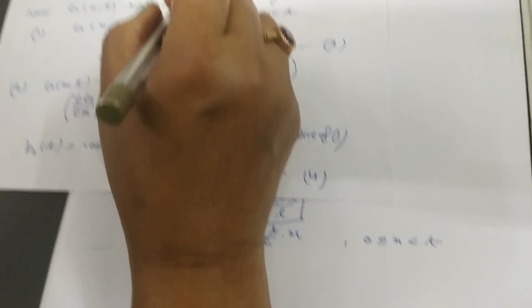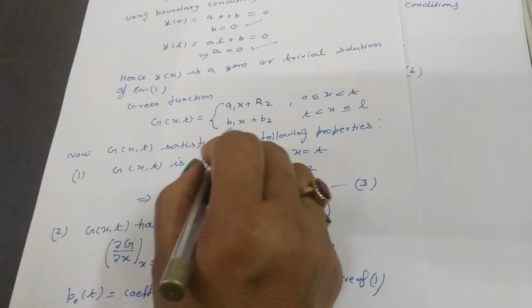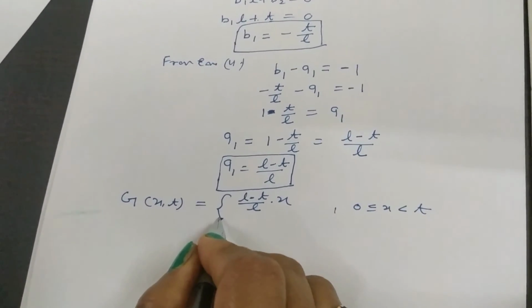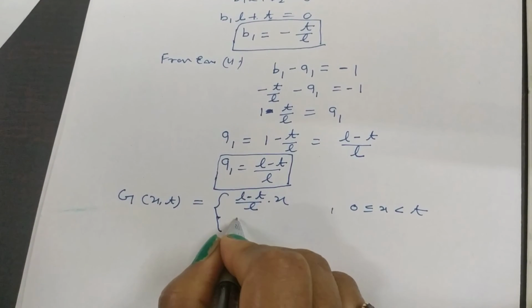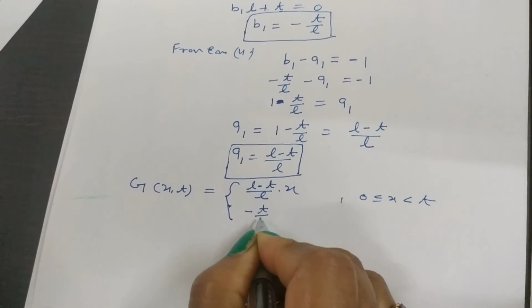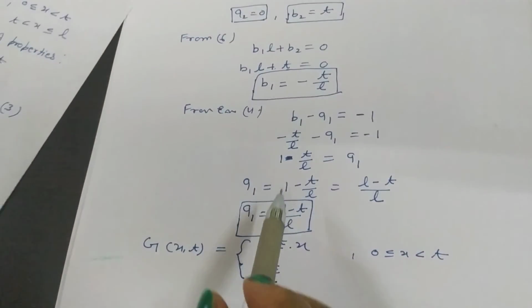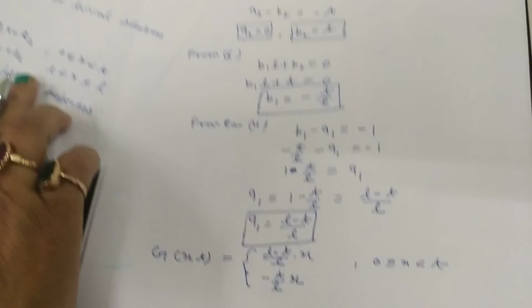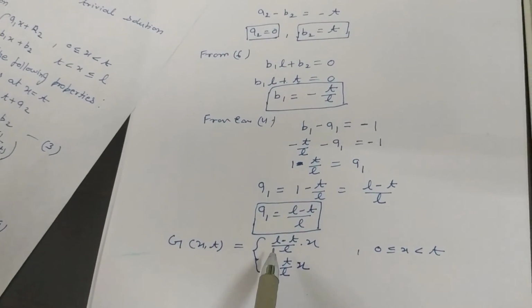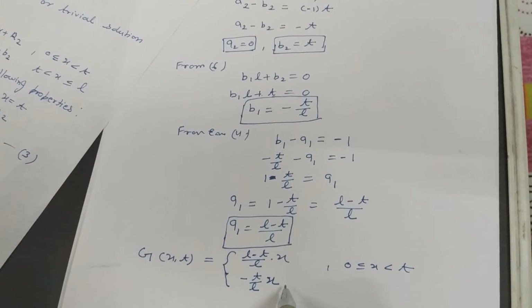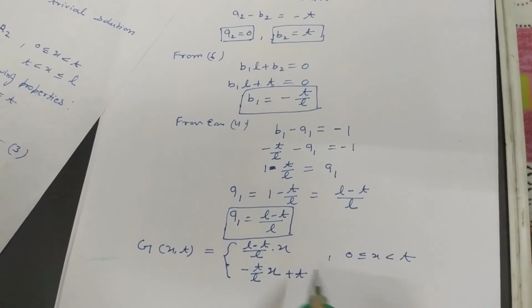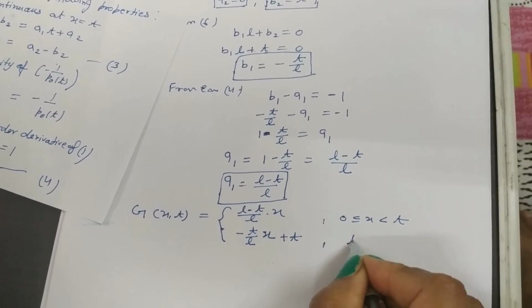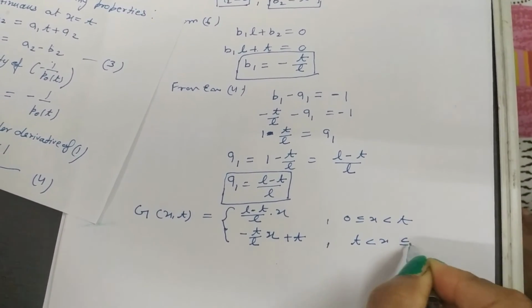And the next one is b1 x plus b2, where b1 is minus t by L, times x, plus b2 which is t, for t less than x less than or equal to L.